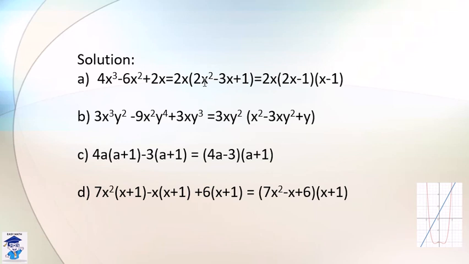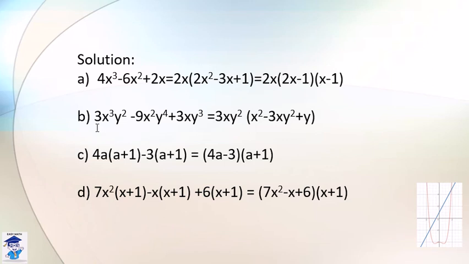Because 2x squared is 2x times x. The positive one is minus 1 times minus 1, because the middle term is negative 3x. So we have made this 2x minus 1 and x minus 1. So the answer of A is 2x times 2x minus 1 times x minus 1.